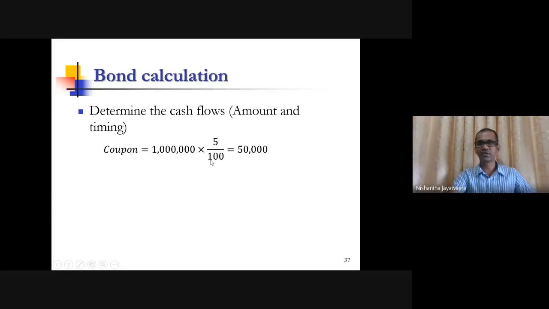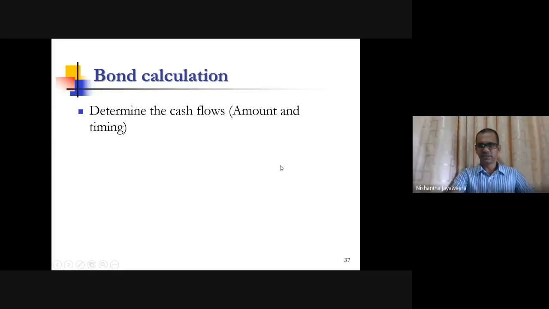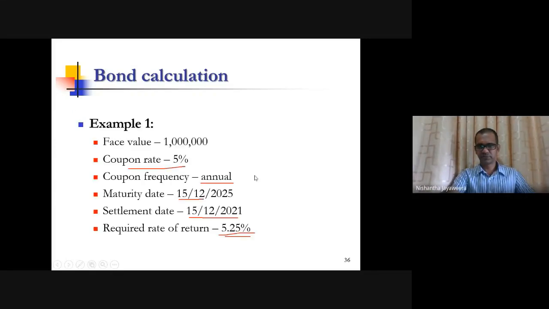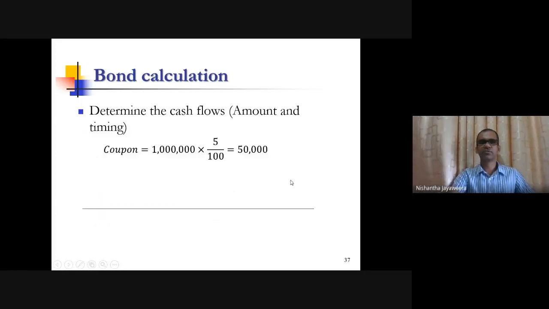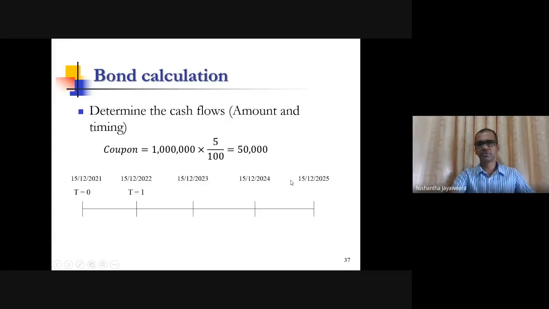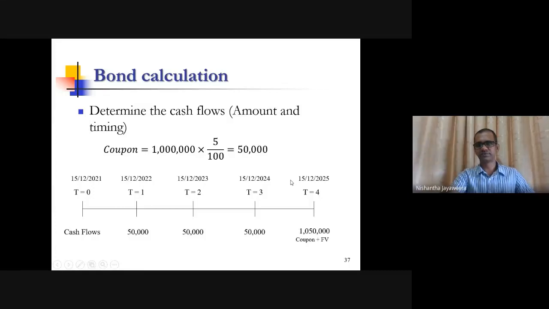Since it's an annual coupon, 5% of face value is the coupon amount, 50,000 at the end of each year. What is the maturity period? 4 years. Therefore there will be 4 cash flows, each equal to 50,000, and the last cash flow will, in addition to 50,000, include the face value.